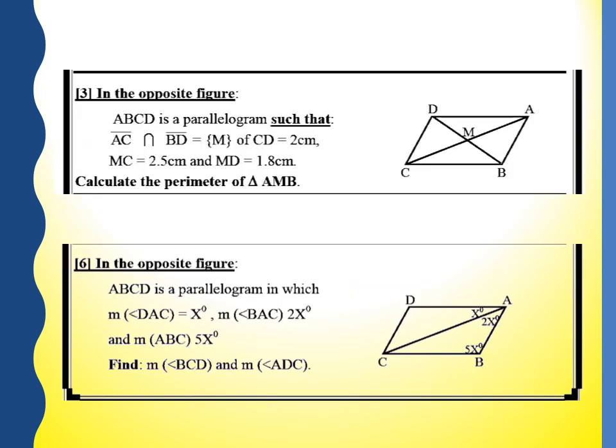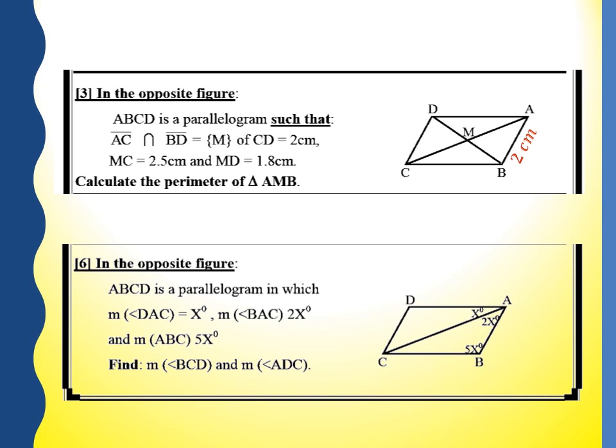In the opposite figure, ABCD is a parallelogram such that AC intersects BD at point M. CD equals 2 cm, MC equals 2.5 cm, and MD equals 1.8 cm, and I need to calculate the perimeter of triangle AMB. Since this figure is a parallelogram, each two opposite sides are equal, then AB equals CD equals 2 cm, and the diagonals bisect each other.